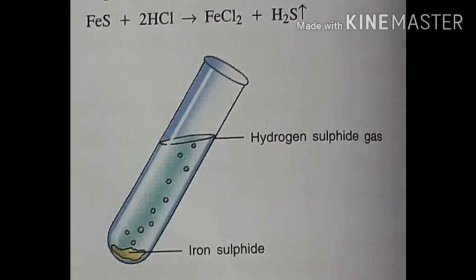How will you identify this gas? With its rotten egg smell. So children, if hydrogen gas is liberated, that means hydrochloric acid is treated with a mixture of iron and sulfur. And if hydrogen sulfide gas is liberated, that means hydrochloric acid is treated with the compound iron sulfide.